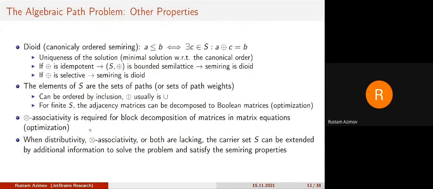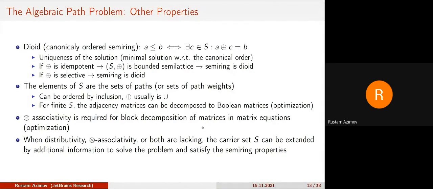And if you have some problem and you try to build an algebraic structure for it to solve it like a path problem, then you can build some algebraic structure without some of the axioms, like distributivity or multiplication associativity or both.